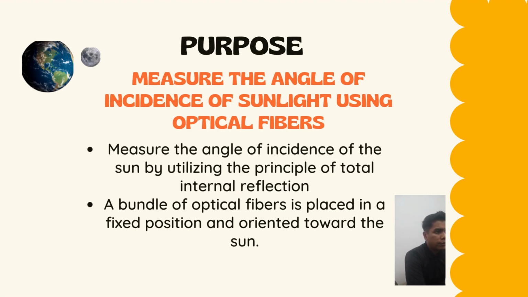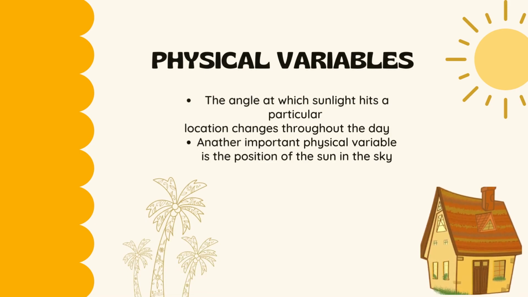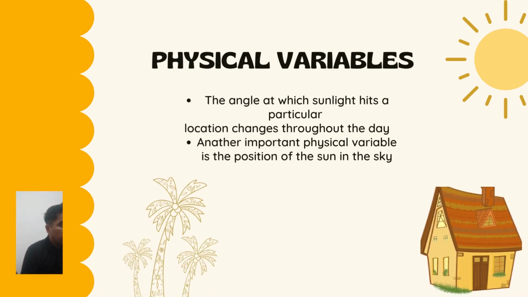By the end of the presentation, we will have a clear understanding of why measuring sunlight incidence angle is important, the limitations of traditional methods and how the low-cost system using optical fiber works. You will also learn about the advantages of the system and how it can be used in a real world application. So next, I will explain about physical variables.